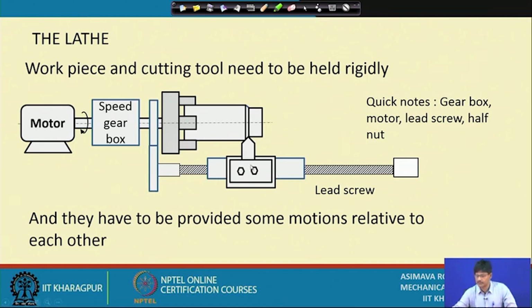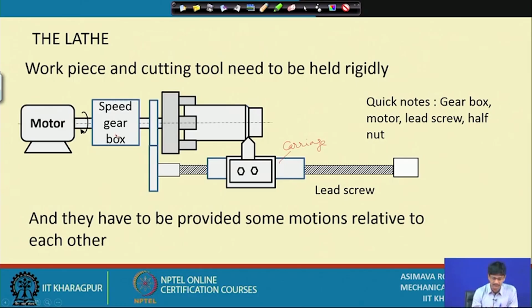So, let me quickly put in all these notes that we are coming across. So, this I am calling the carriage seen from the top, and this is the lead screw already written down.